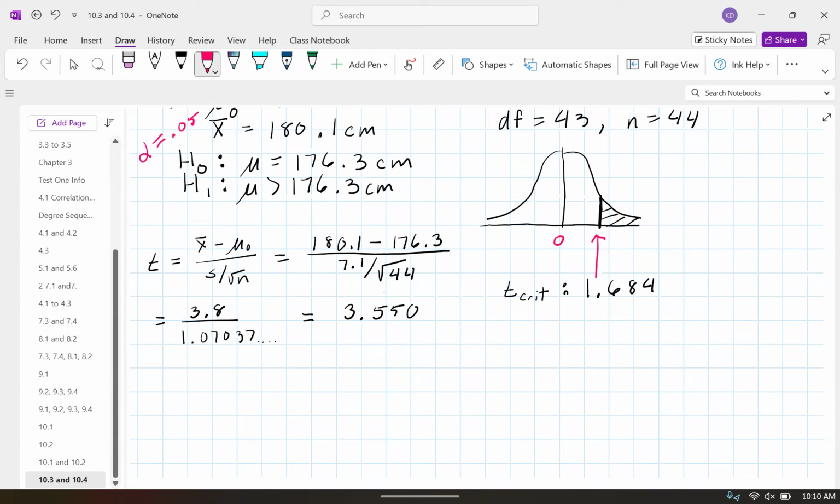If our test statistic is bigger than our critical value in this case, we have a significant difference. If it's not, we don't. So our test statistic is 3.550. Where does it go? Does it go to the left of our crit or to the right? Is it bigger than 1.68 or smaller?